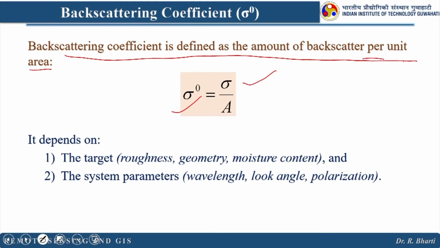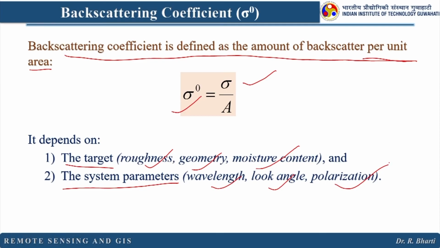So, that will become per unit area, and it depends on two main things. The first one is the target and the second one is the system parameter. The target plays a very critical role here because roughness, geometry, moisture content are the properties of your target, whereas the system parameters, like which wavelength you are using, what look angle you are using, what polarization you are using, will also affect this back scattering coefficient.